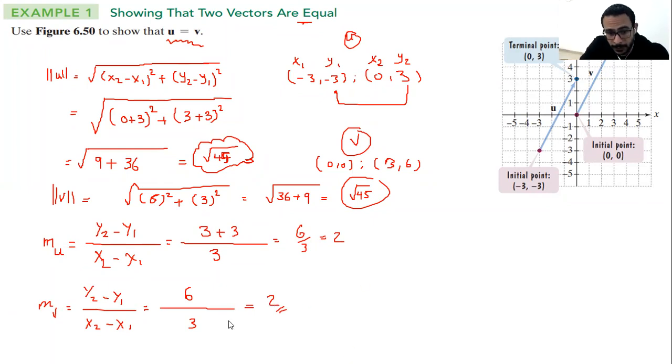So you will see now, guys, that they have the same magnitude and the same direction. So we can say that u and v are equal. This is the answer.